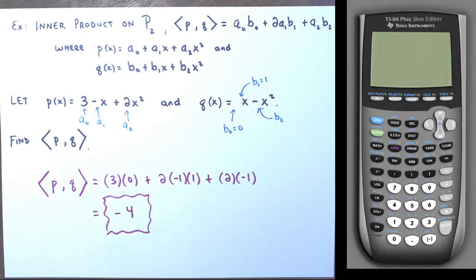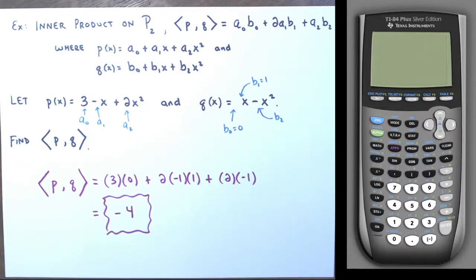Right? And right there, in just these past like 20 minutes or so, I've gone over five examples of where I was given an inner product on some vector space, two vectors from that vector space to plug in, and then I just perform the rule, perform the operation, and the output should be some real number.